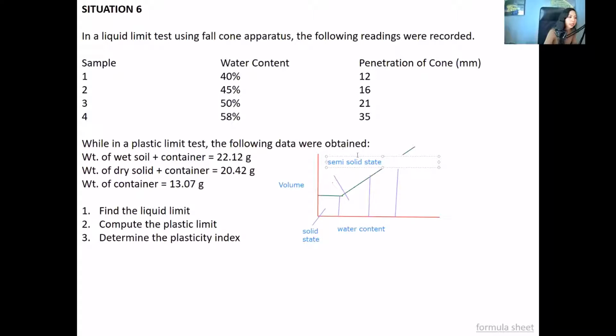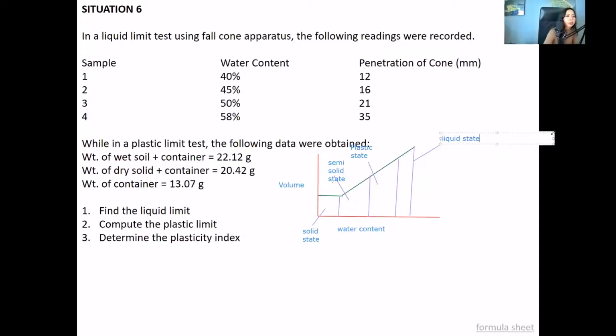And then, when you go further, the third area is the plastic state. And then the last is obviously the liquid state. So this is the liquid state.